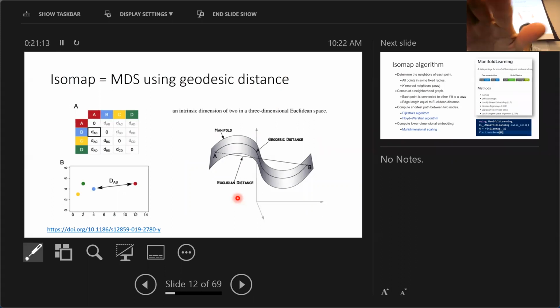In summary, Isomap is a very simple algorithm. It uses MDS as a framework, as a backbone, but uses geodesic distance to replace the original Euclidean distance matrix. How can you compute the geodesic distance? We normally build a KNN, nearest neighbor network between data points, and follow the graph, finding the shortest path from one node to another across the graph.